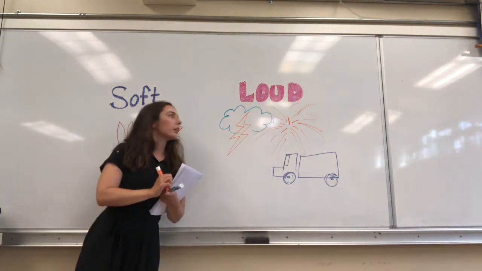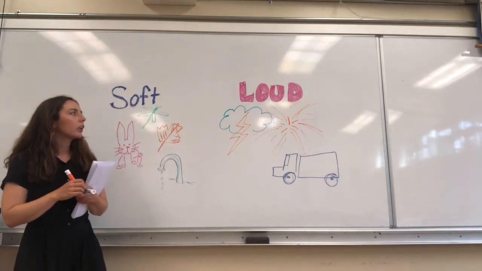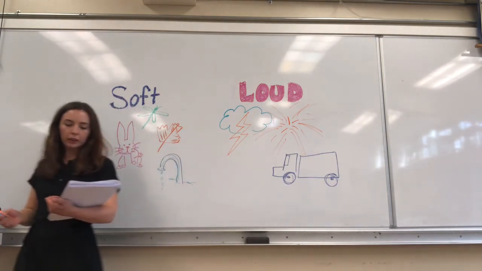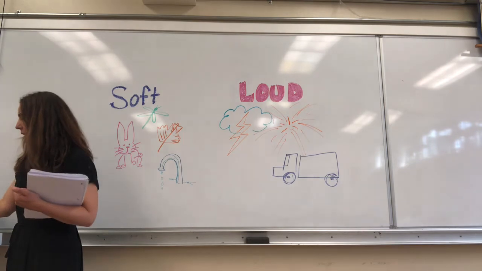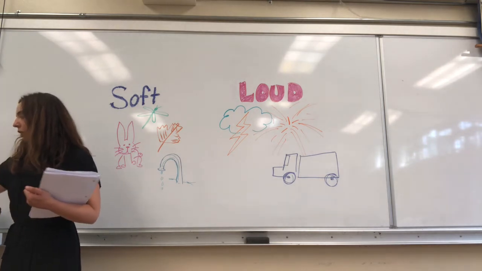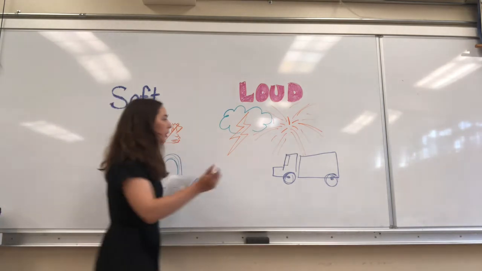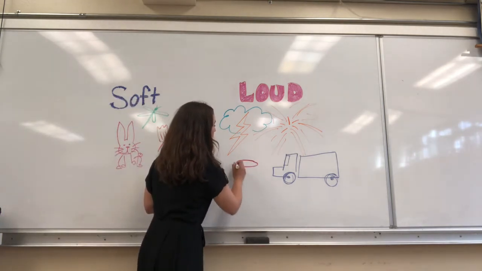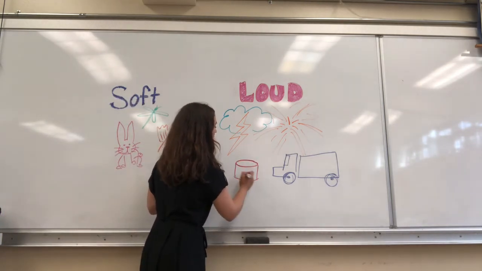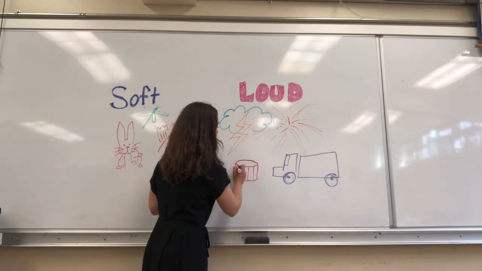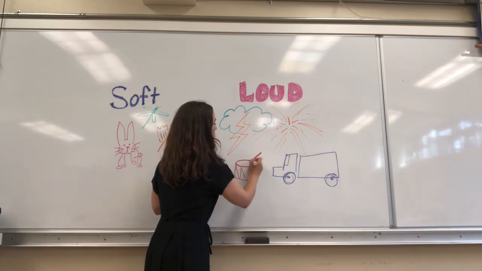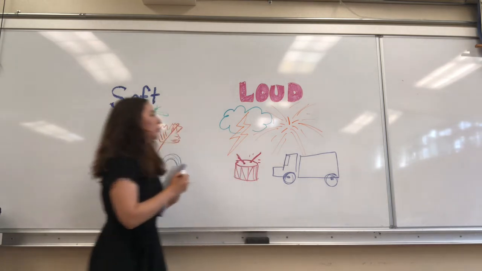So thunder and lightning and a truck and a firework and maybe a musical instrument that we could think of that would be loud could be a drum. Drums are usually pretty loud too. I'm going to draw some drumsticks here. So, maybe a drum.